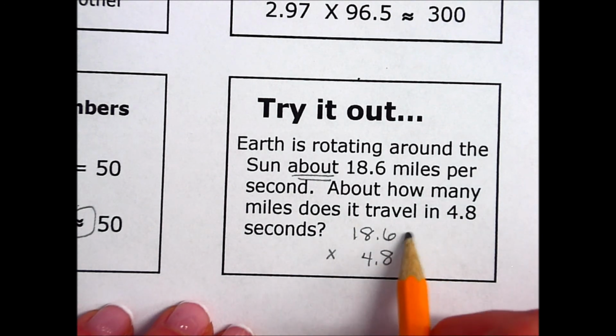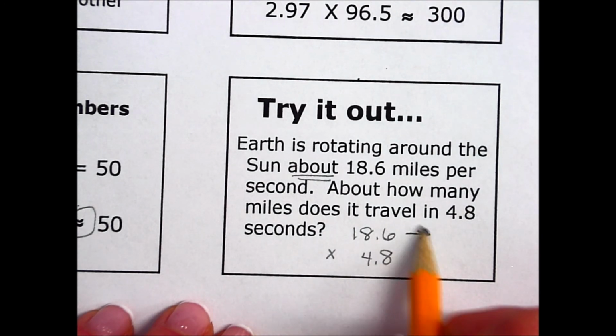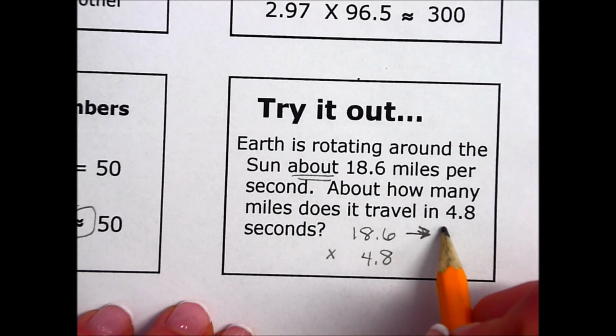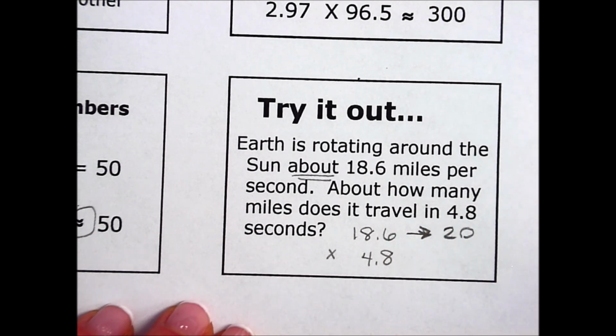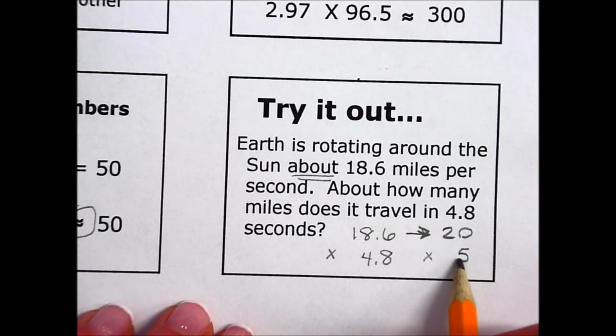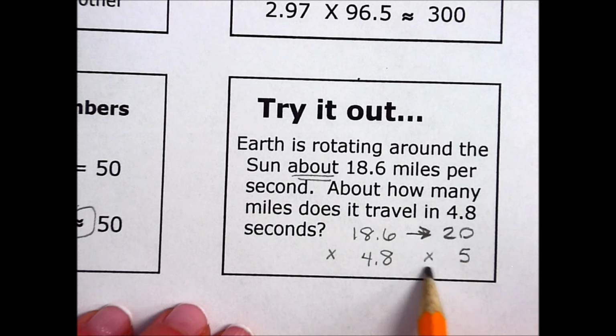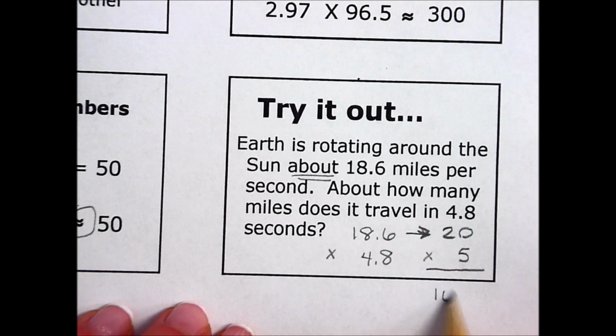All right, so we'll take the 18.6 up to 20. And we'll take the 4.8 up to a 5. Because now I can skip count easily by my 20s. And 20 times 5 gives me 100. So this is about 100.